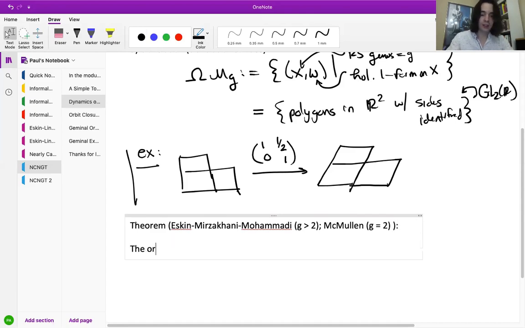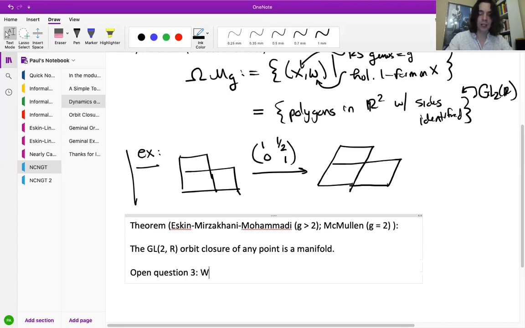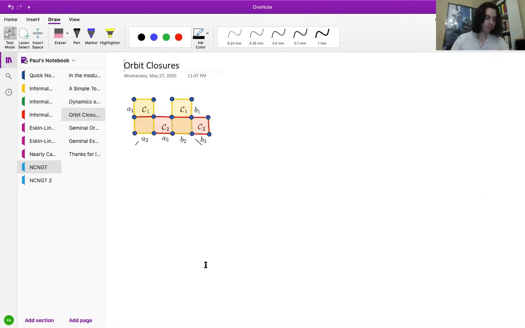The GL2R orbit closure of any point in the above dynamical system is a manifold, which is quite a surprising property from the perspective of dynamics, when often you expect pathological closed sets to be possible orbit closures, as often happens with geodesic flow. Even better, this manifold, by work of Simion Filip, and again, McMullen in genus 2, is an algebraic variety. And so a question that you can ask, fully open, again, open question 3, is what manifolds are orbit closures? And that will be the focus of the rest of this talk.